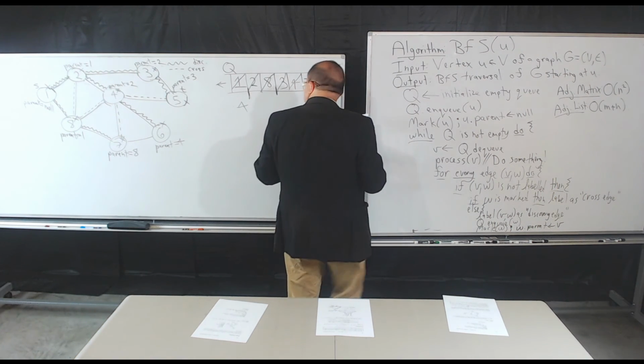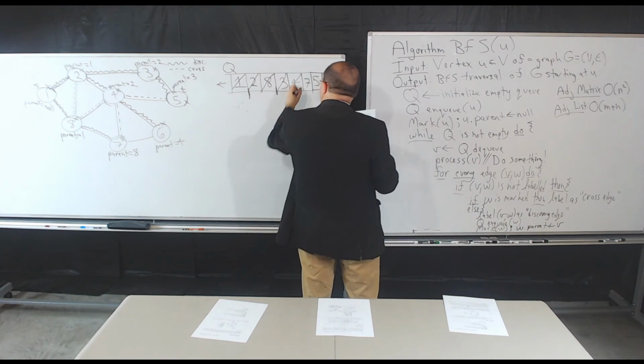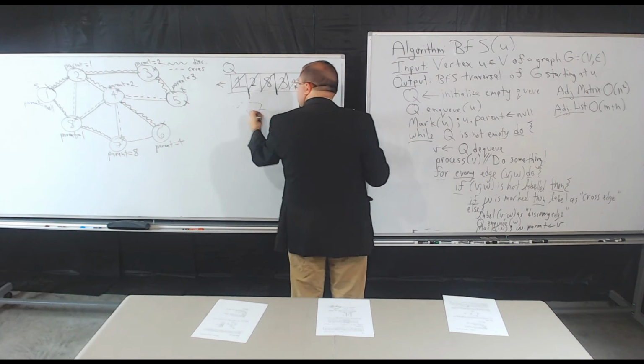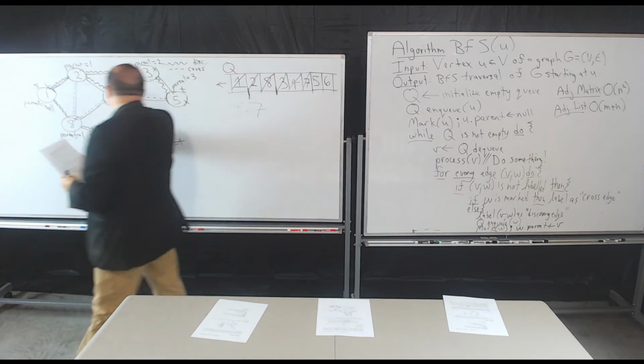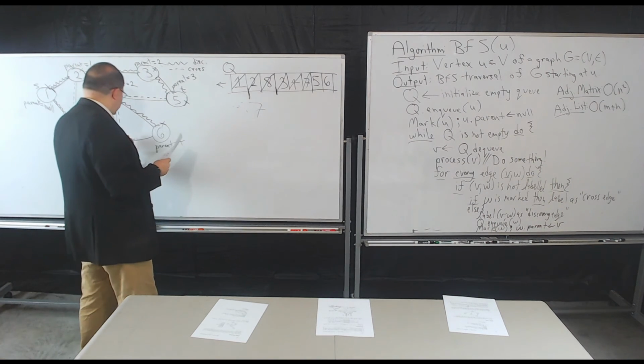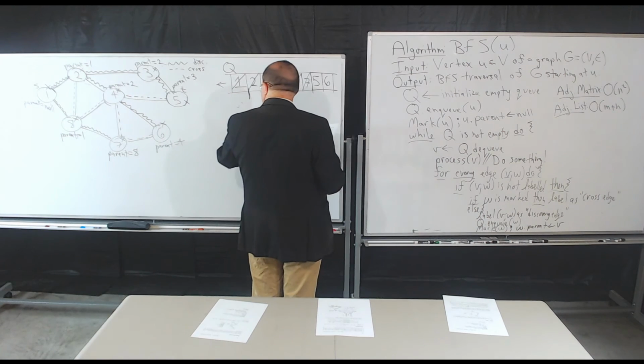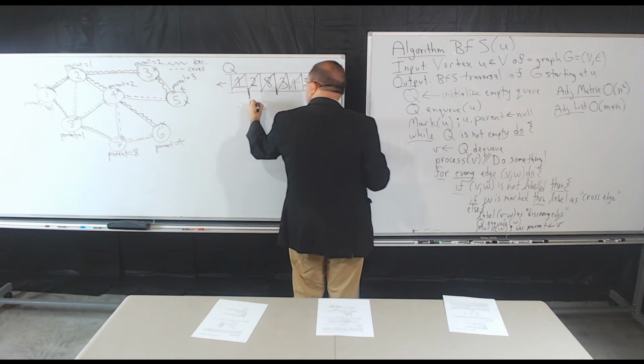Okay, so now I've encountered all the vertices so far. 4 is done, 7's coming on. Okay, 7. Do I have any incident edges I have not yet labeled? This one here. That's a cross edge. There's nothing else to do here. How about 5?